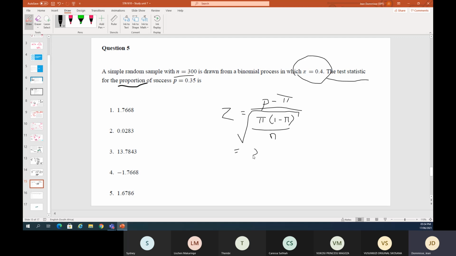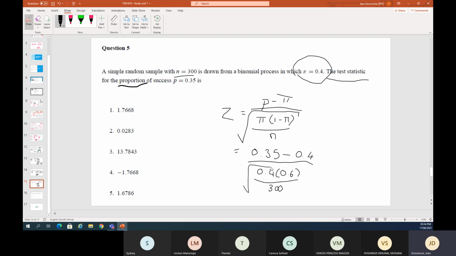So P is 0.35. So let's see, 0.4. 1 minus 0.4 is going to be 0.6, divided by n, which is 300.